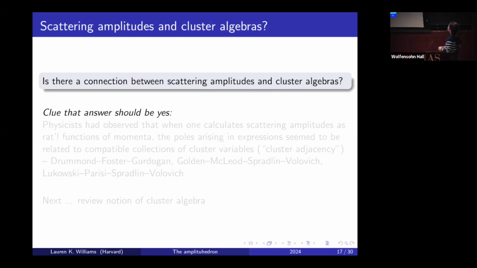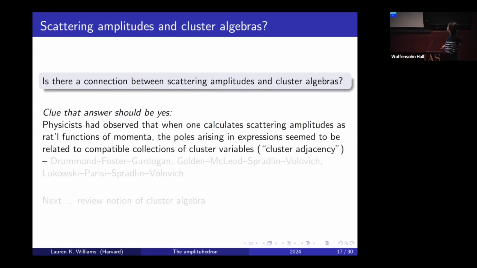It was already discovered by physicists that there is a connection between cluster algebras and scattering amplitudes. What they had observed is that when you calculate scattering amplitudes as rational functions of momenta, the poles arising in the expressions seem to be related to compatible collections of cluster variables. They called this cluster adjacency.